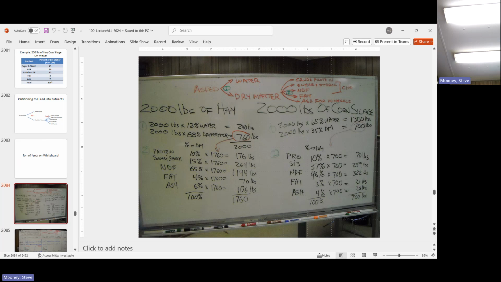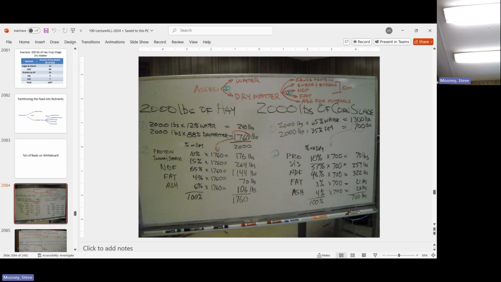We're going to do protein first, then our two carbohydrate fractions, sugar and starch, NDF, fat, and ash, which, as we'll discuss, is crude mineral.